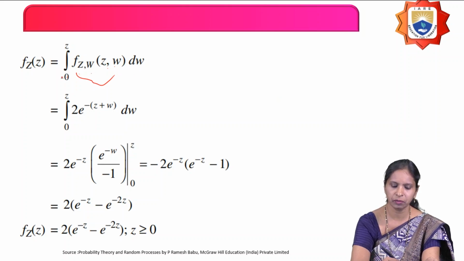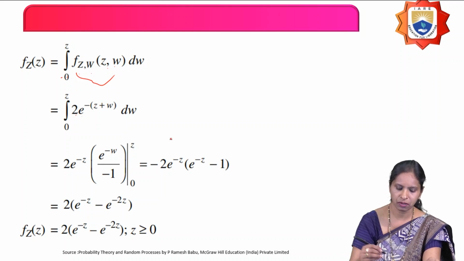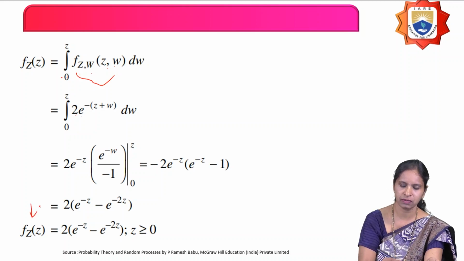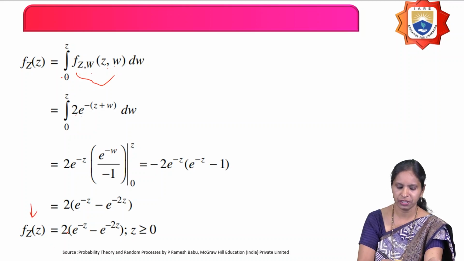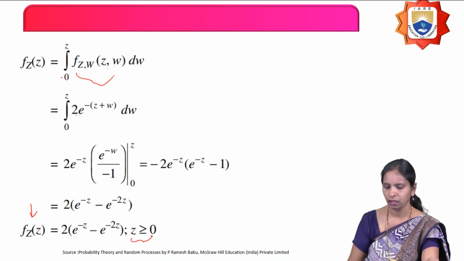The range of w is only 0 to z, and in this range the density function is 2 times e to the power minus (z minus w). If you solve this, the density function of the transformed random variable is f_Z(z) equals 2 times e to the power minus z minus e to the power minus 2z, for z greater than or equal to 0.